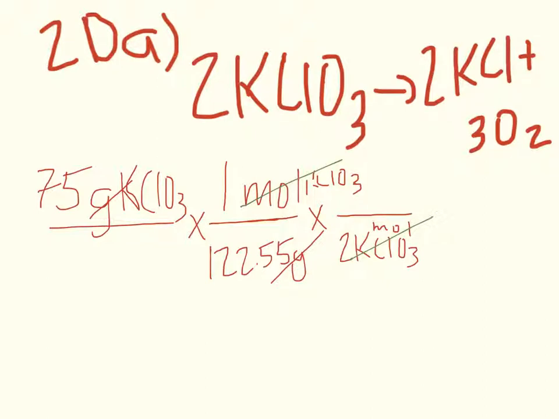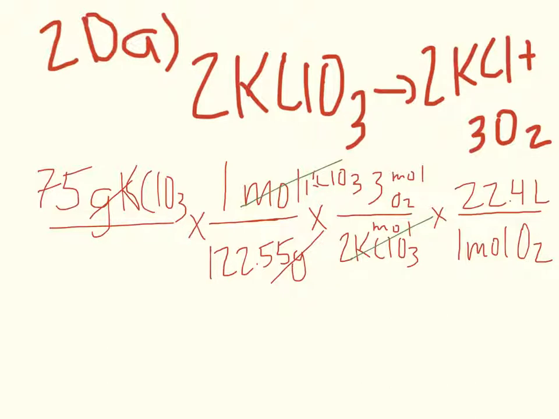For every 2 moles of that, I have 3 moles of oxygen gas, which allows me to go from moles of A to moles of B, and then from moles of B to liters of B, remembering that 1 mole of a gas like oxygen is equal to 22.4 liters.